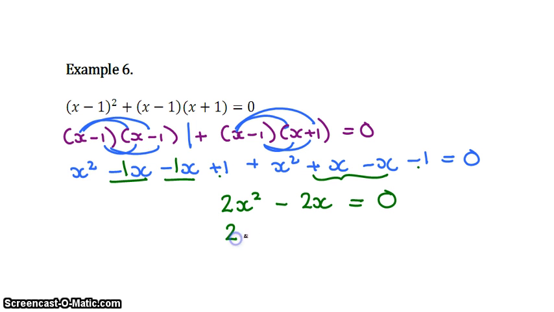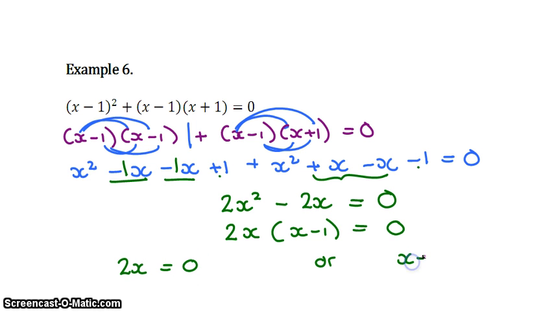I'm going to factorize out a 2 and an x. So I get x minus 1. So I have two things multiplied together to give me 0. So either 2x must be 0 or x minus 1 must be 0. Divide by 2 on both sides. Gives me x is 0 or x is 1. And in an exam, I would go and check both of those solutions to make sure I'm right.